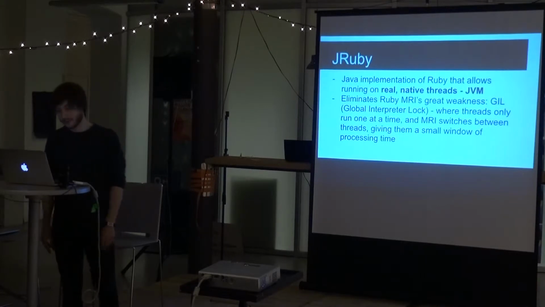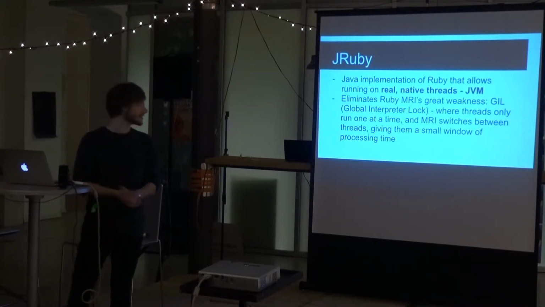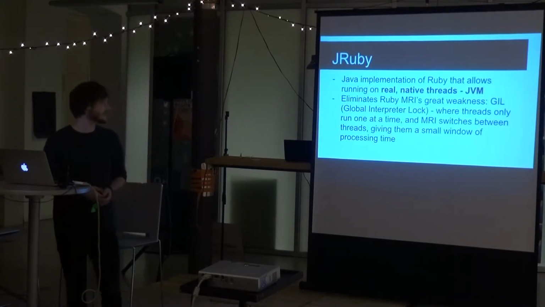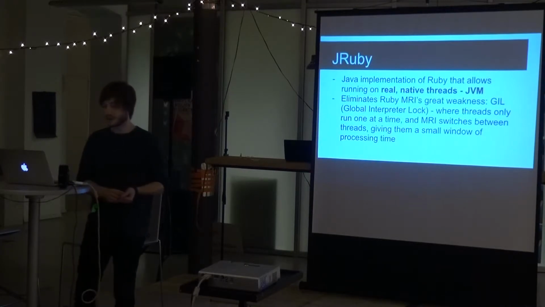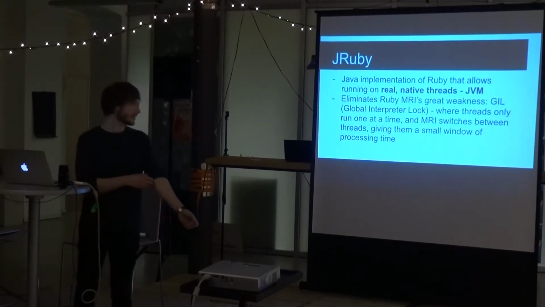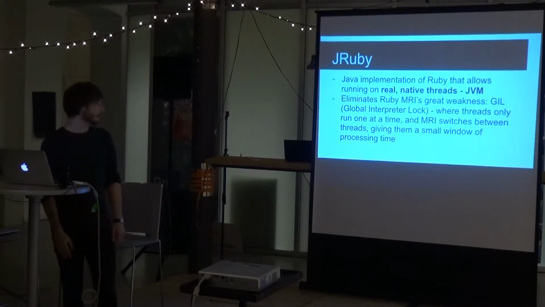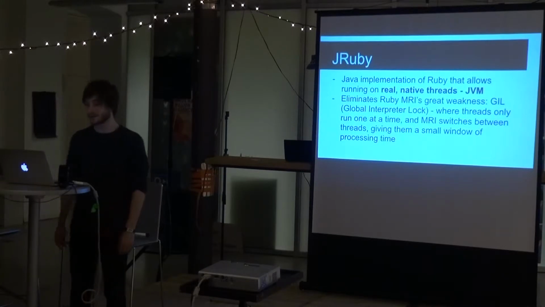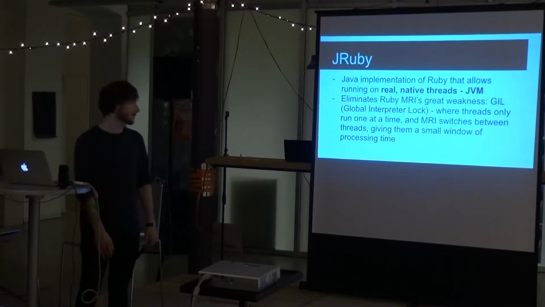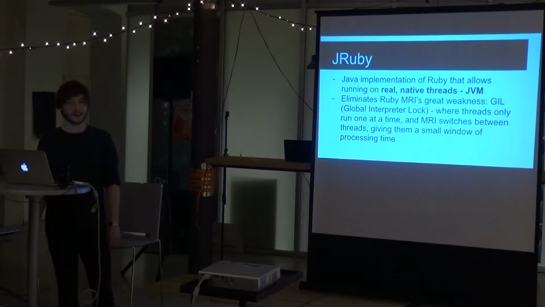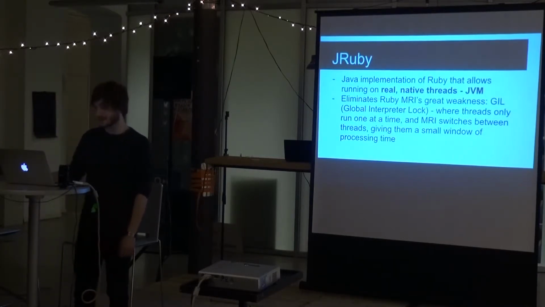So JRuby is a Java implementation of Ruby that allows running on real native threads in a Java virtual machine. It eliminates Ruby's great weakness I talked about before, which is the global interpreter lock, where threads only run one at a time and MRI just switches between them, wastes CPU cycles, and gives them just a small window of processing time.